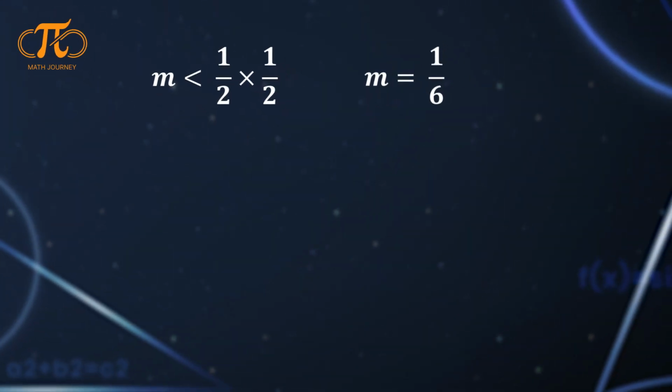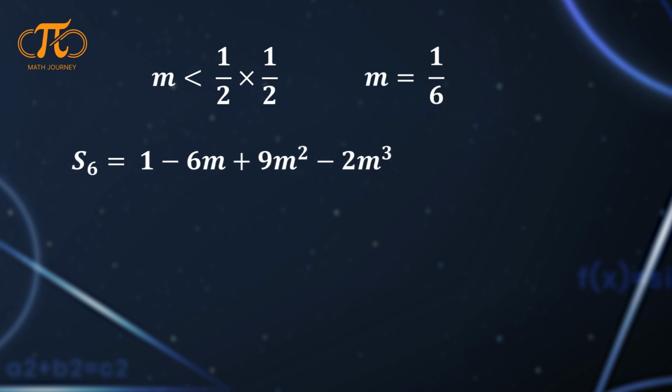Now, to determine which one to use, we'll use an important principle which says, for any two positive numbers that add up to a fixed sum, their product is maximized when the numbers are equal. Since alpha plus beta equals 1, the product of alpha and beta reaches its maximum when alpha and beta are both 1/2, which means m cannot be bigger than 1/4. So m is 1/6.